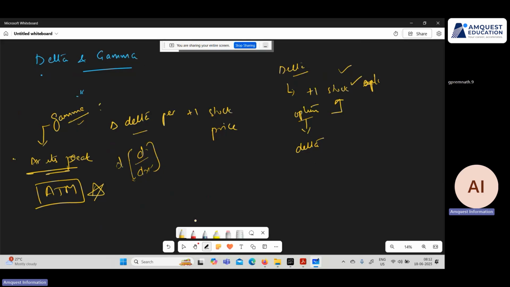Yeah, but the change of delta at ATM would be maximum, right? And the gamma is the change of the delta. So the gamma will be maximum at ATM. Okay, got it.